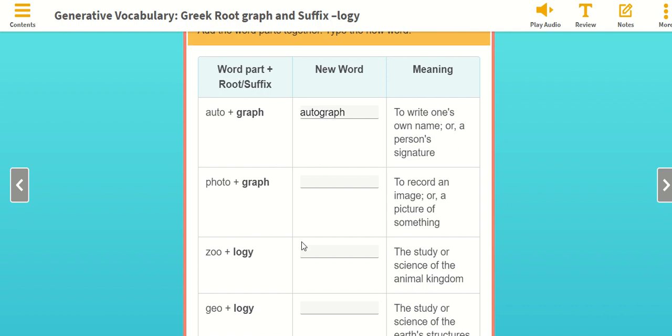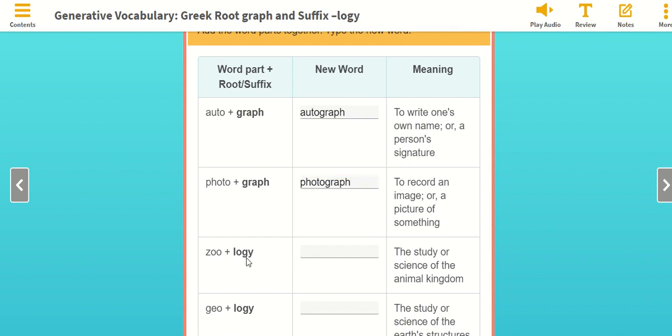Okay, let's look at the next word, photo plus graph. We know what a photo is, like a picture, and graph means to record or write something. So the word we get when we put these two together is photograph, which is to record an image or a picture of something. Think of any time you've taken a photograph of something.